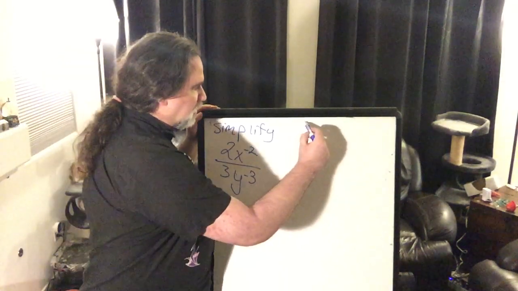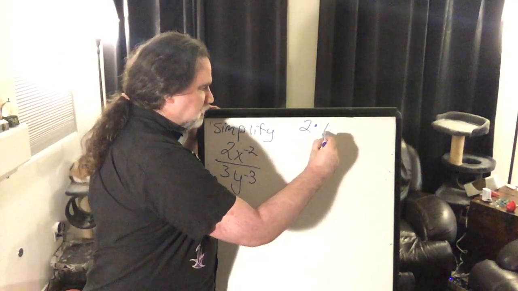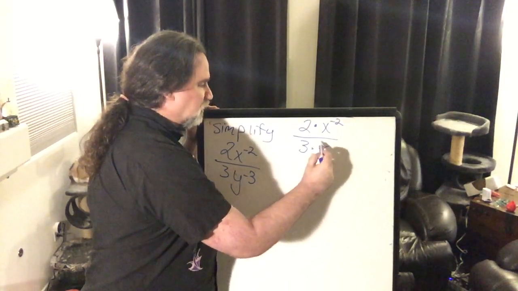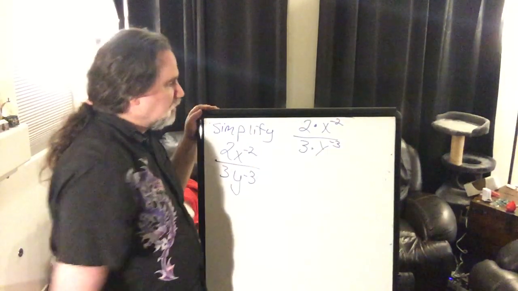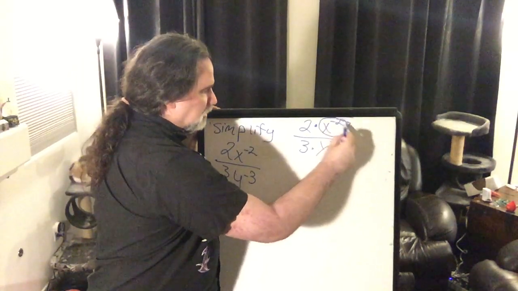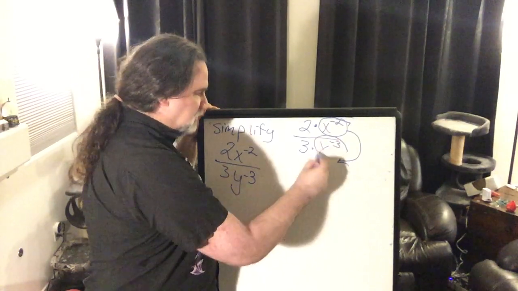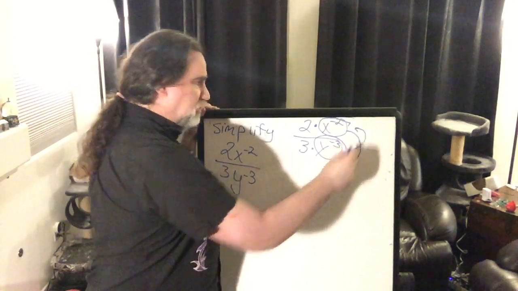Well, write it with the multiplication, so I'm reminding myself that I'm dealing with the exponents first. So this one tells me to put it down here to make it positive. And this one is telling me to move it up here to make it positive.